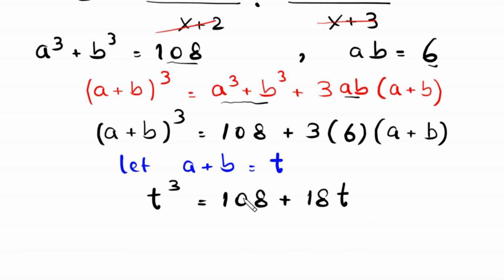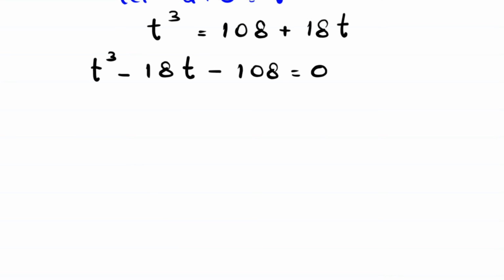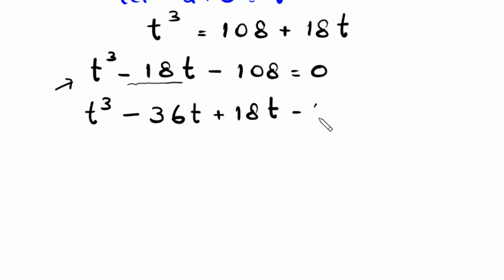Move these two terms to the left hand side. This will become t cubed minus 18t minus 108 equal to 0. Now we can rewrite this equation as t cubed, break this negative 18t into two terms: negative 36t plus 18t, minus 108 equal to 0.